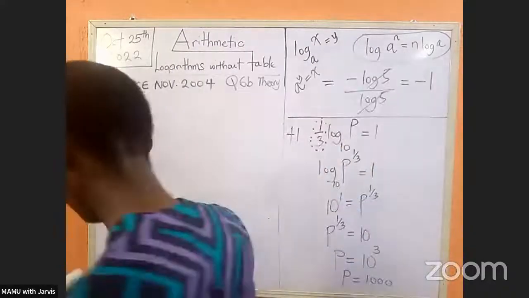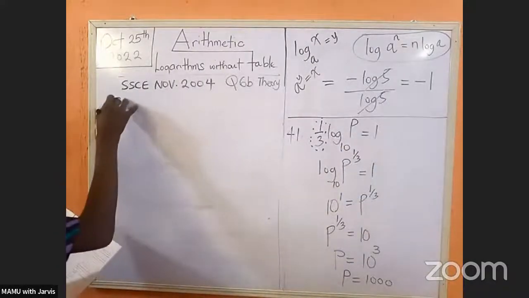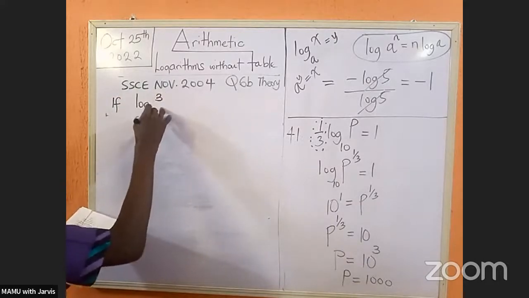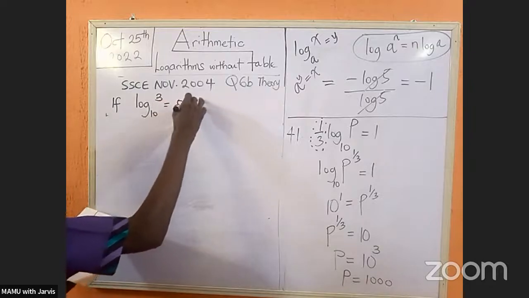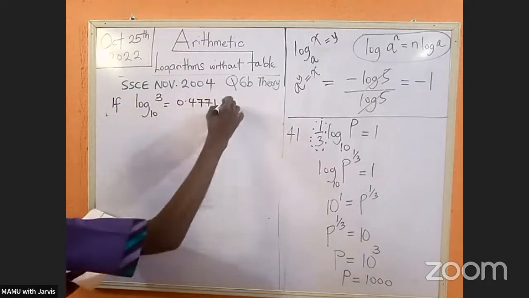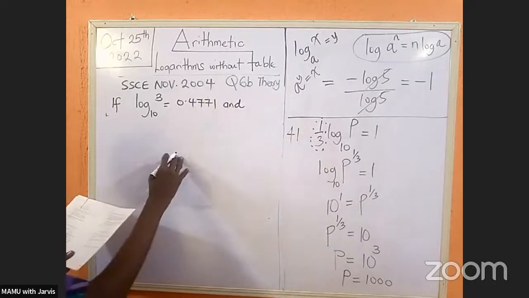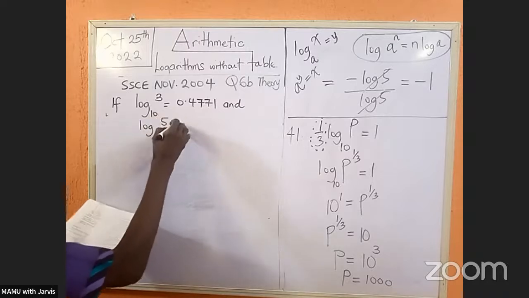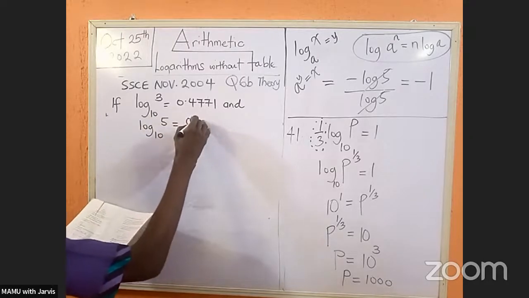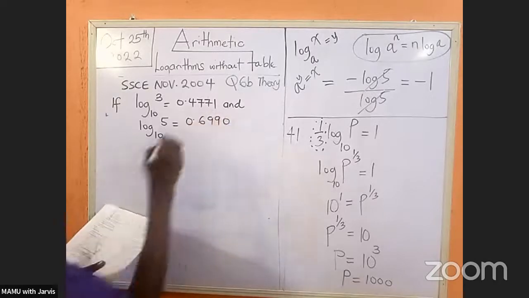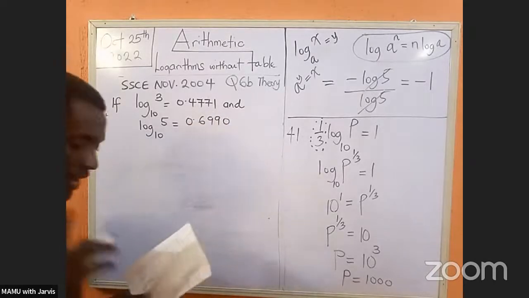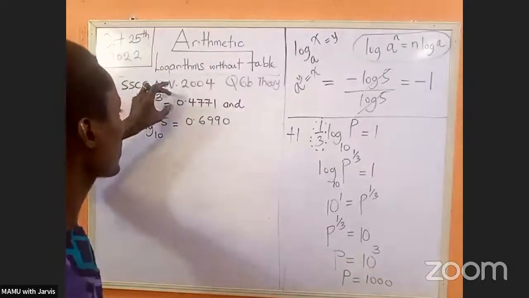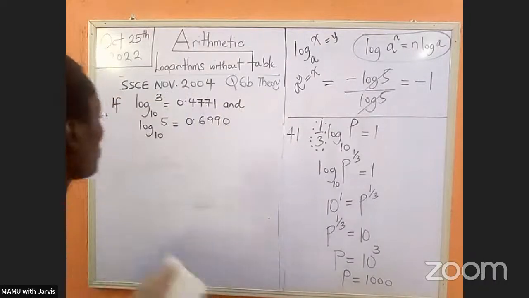It says that if log 3 base 10 is 0.4771 and log 5 base 10 is 0.6990, evaluate without using tables or calculator. That is work based with these terms given to you.